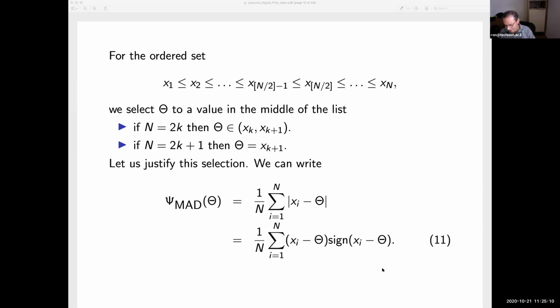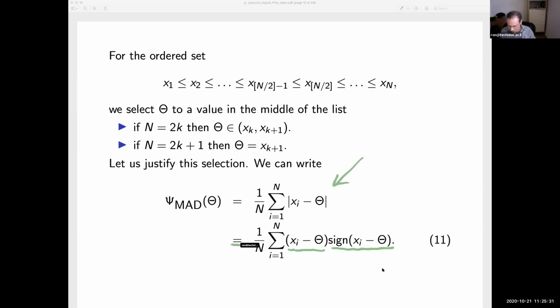First of all, we write the absolute value as follows. In order to get the absolute value, what I need to take is the subtraction of theta from xi and multiply it by the sign of this guy. This is a definition.